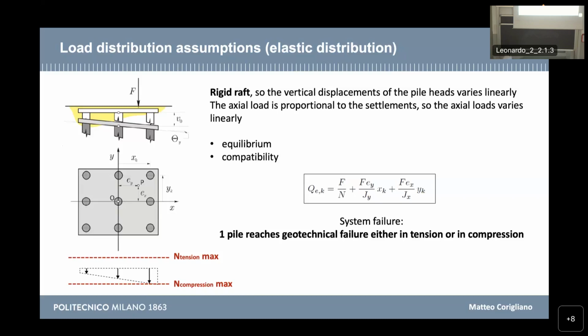And as you can imagine, it is a very strong hypothesis, because let's imagine you have a raft with 20 piles, and if one pile fails, we have to consider, according to the traditional approach, the foundation as failed, and so the retrofitting is necessary.